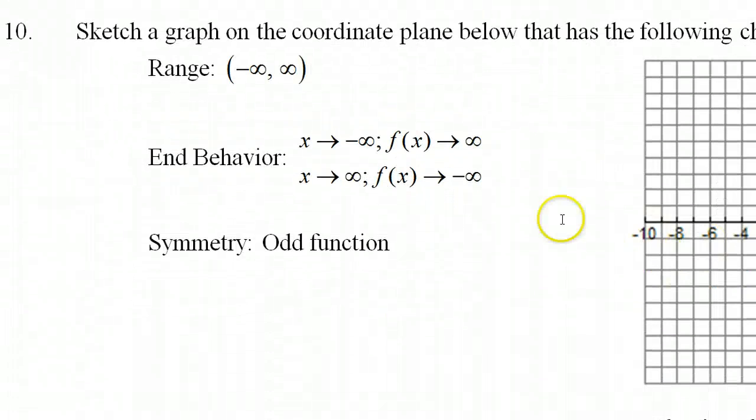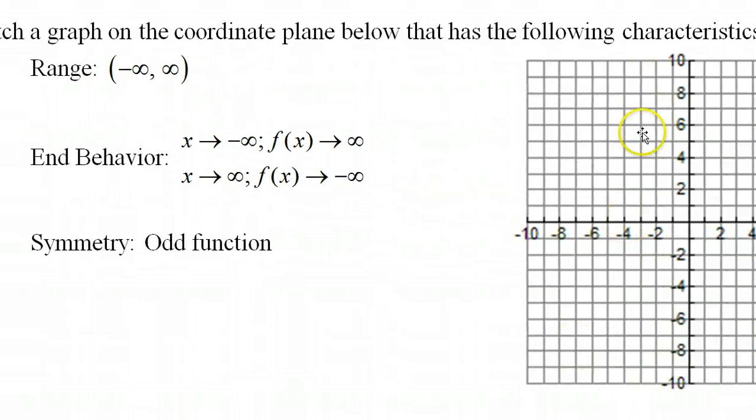Alright, number 10. Sketch a graph on the coordinate plane that has the following characteristics. We need something that has a range of negative infinity to positive infinity, so something that goes up and down forever. We need something that has end behavior.